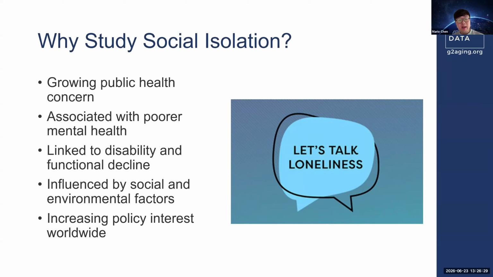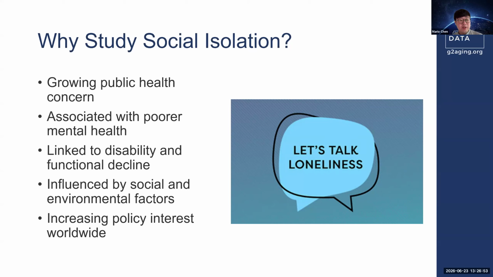For example, in 2018, the United Kingdom appointed the world's first minister for loneliness to address the growing impact of loneliness and social isolation on population health and well-being. This reflects increasing recognition that social isolation is not only an individual issue, but also a broader societal challenge.